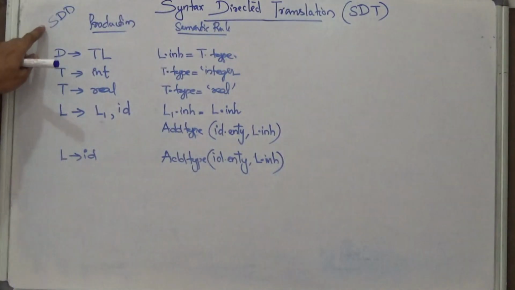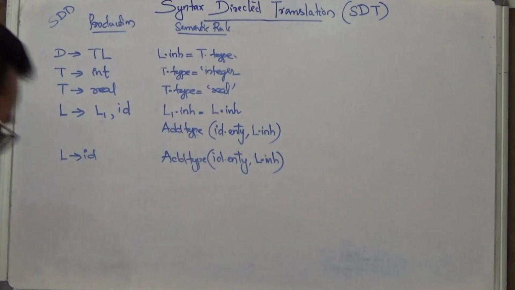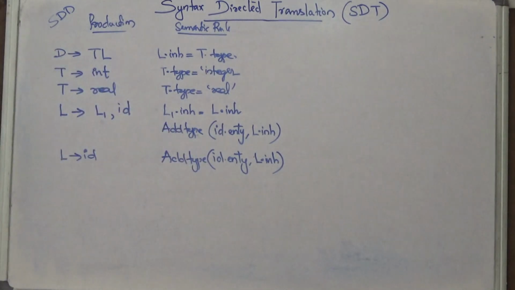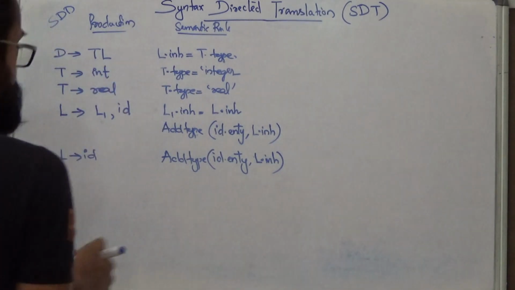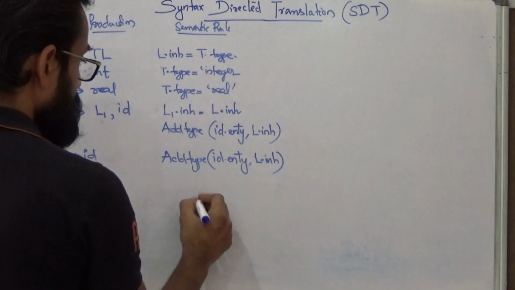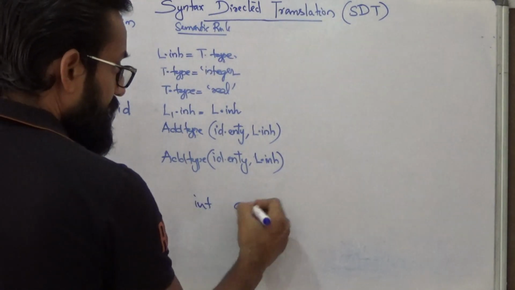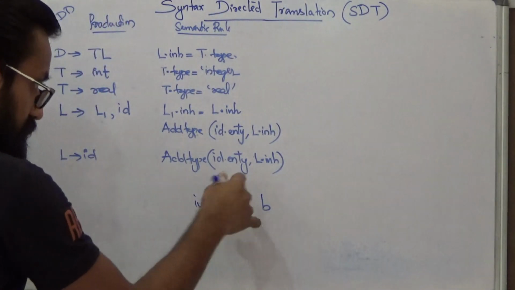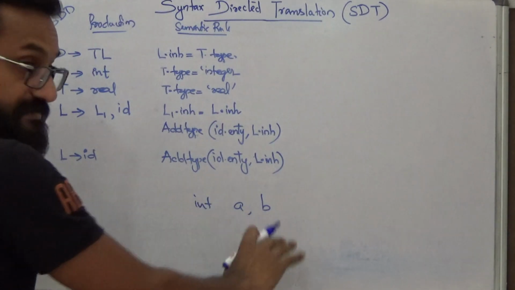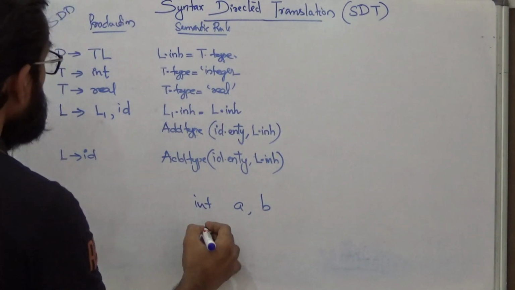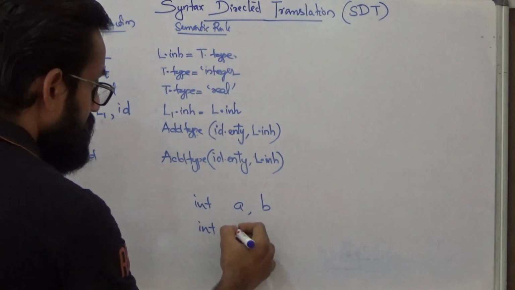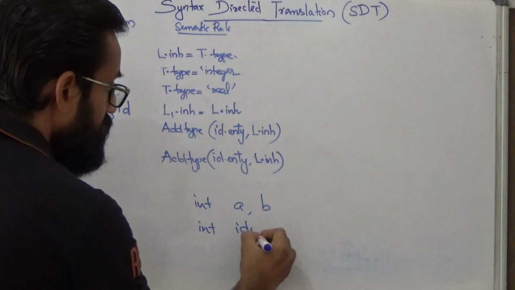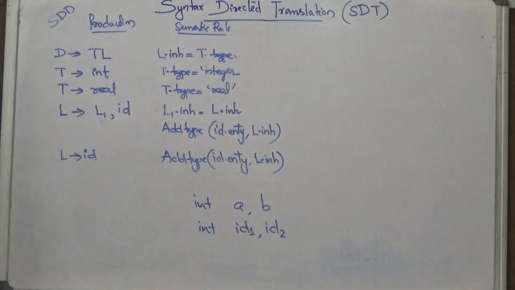So this is the syntax directed definition corresponding to a simple declaration statement. So this corresponds to a declaration. For example, let us consider int a, b. Whenever the lexical analyzer scans this particular instruction, the output will be somewhat like int id1 comma id2.